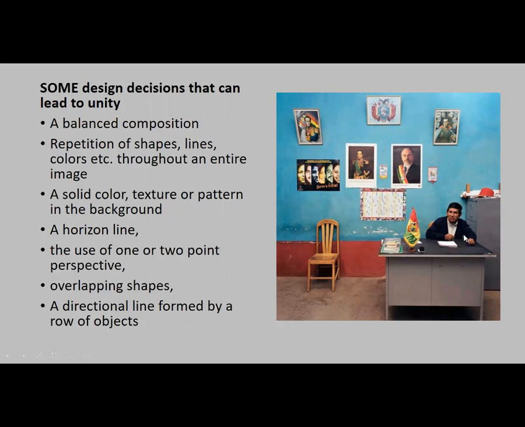So when we look at this image, what kind of balance do you think it has? I'm going to say I think it has radial balance. So we can start right here as the central point, and all of these pictures and posters on the wall, see how they kind of radiate off of it?